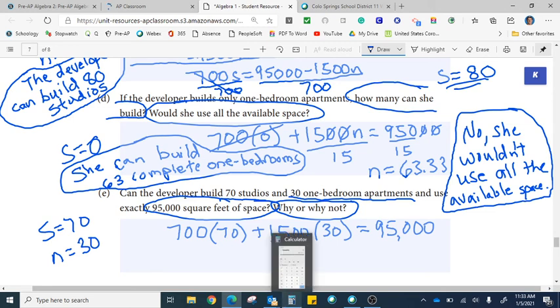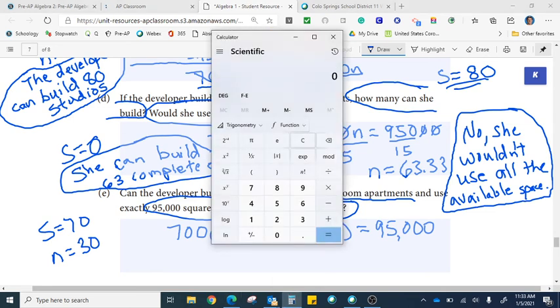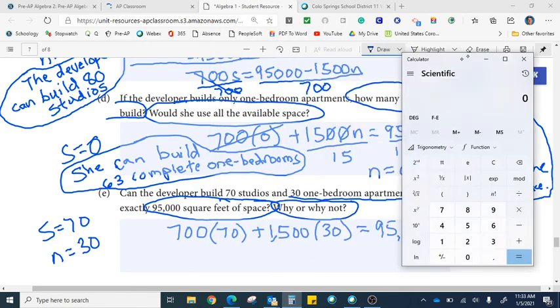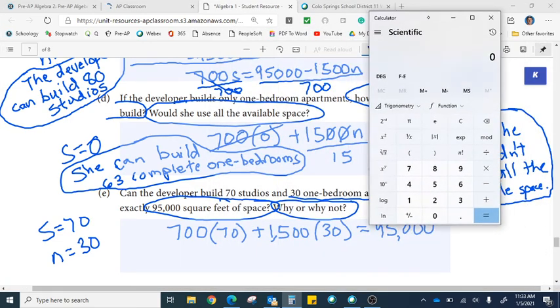Okay, calculator, check it out. Let's see. All right. Okay, so let's go. 700 times 70 plus 1,500 times 30. 94,000.